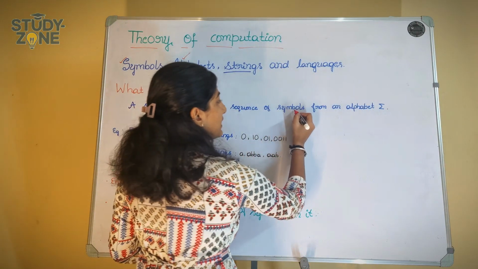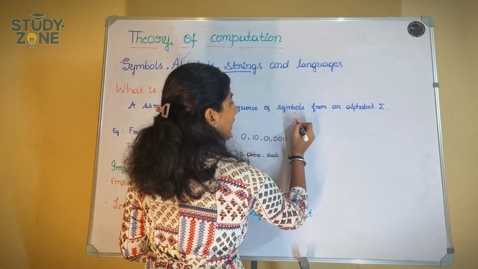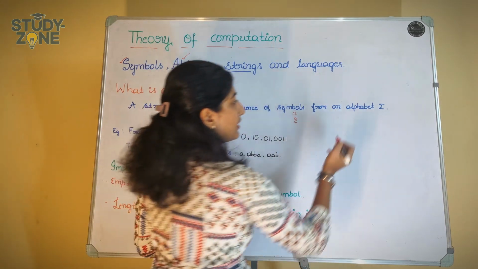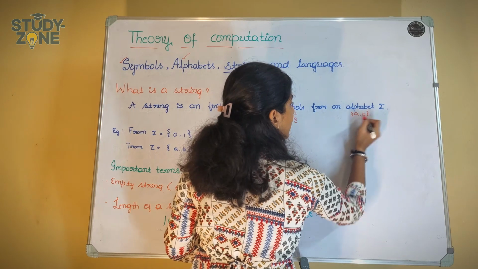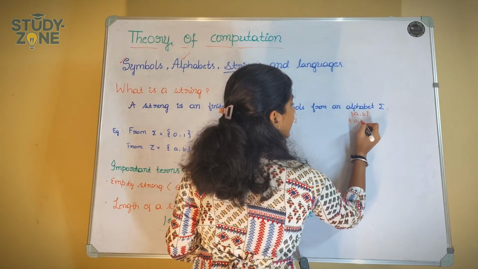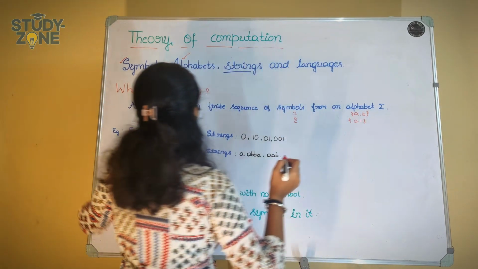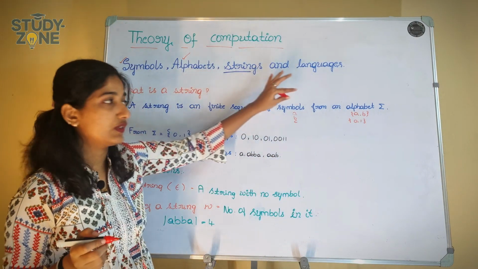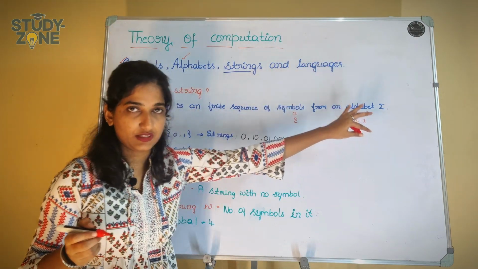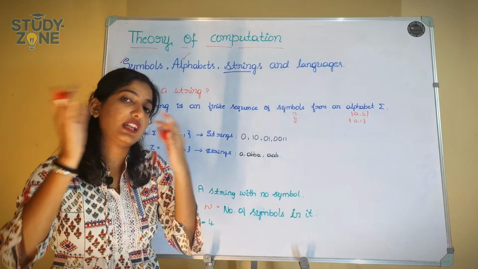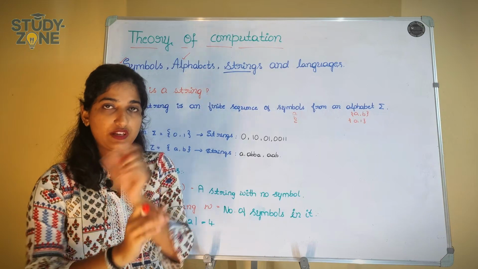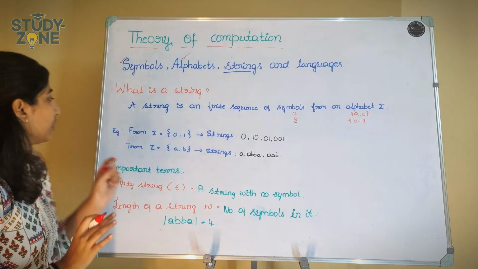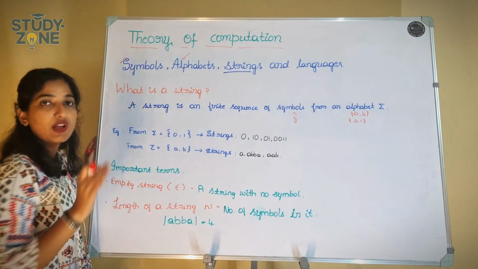Symbols are individual terms like A, B, C. An alphabet can be A, B, or 0, 1. Here we are forming a finite sequence of symbols from the alphabet. From the alphabet we are creating a sequence of symbols, which means we are arranging them in some order.